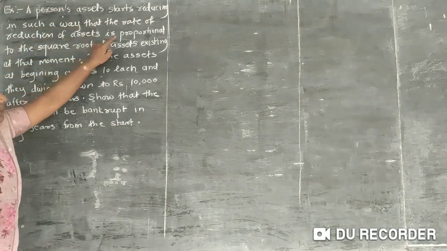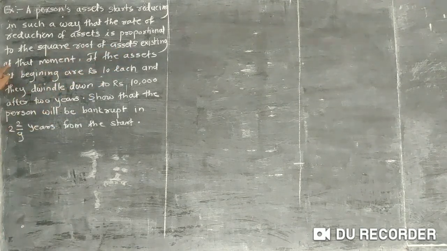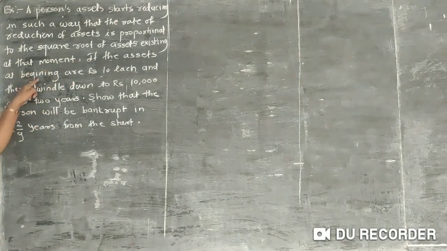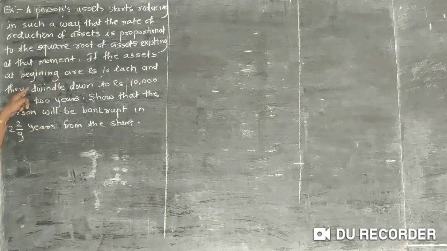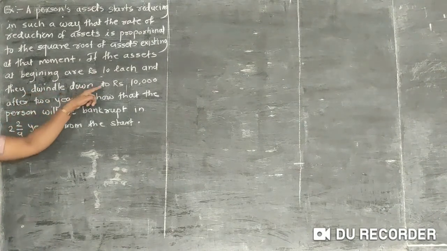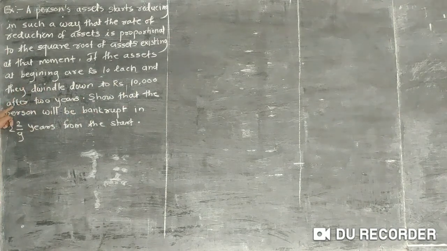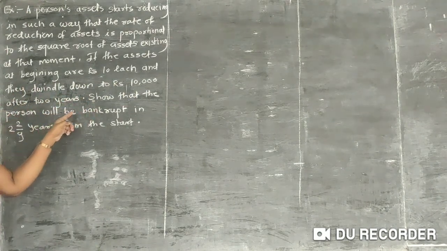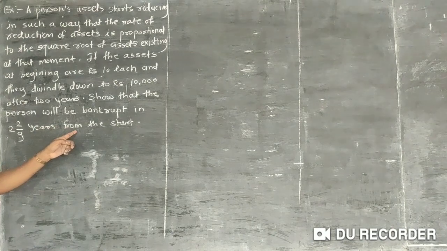...of assets is proportional to the square root of assets existing at that moment. If the assets at the beginning are rupees 10 lakh and they dwindle down to rupees 10,000 after 2 years, show that the person will be bankrupt in 2 into 2 and 2/9 years from the start.